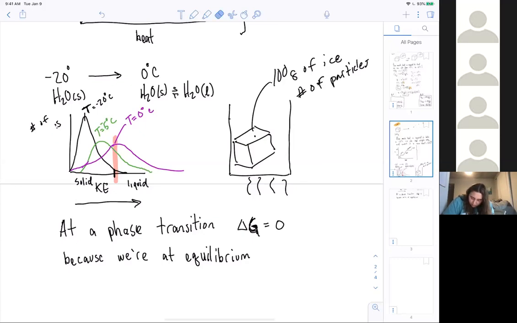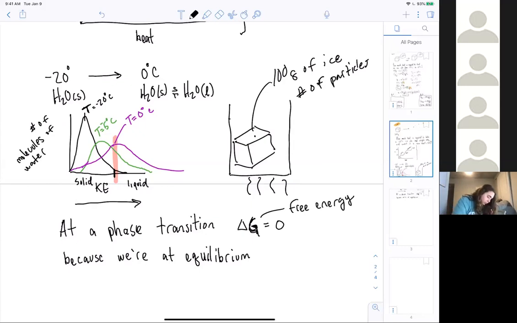I can actually just write that instead: number of molecules of water. And we're using that to describe the ice and the liquid, so the entirety of the system, all 100 grams. Yeah, delta G is free energy.